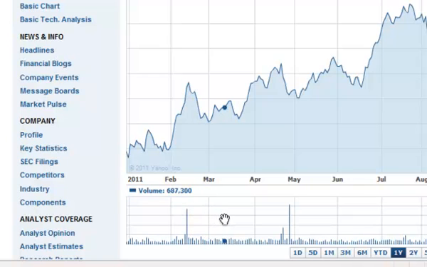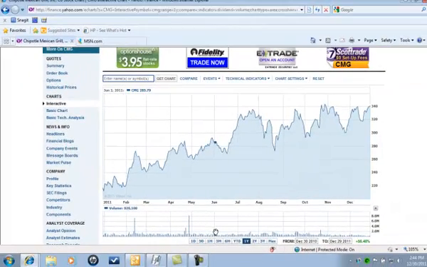Now we go over here and you can see volume's pretty consistent, and then boom, this time the volume goes up, but the volume is going up in a down market, which means there was a huge sell-off at that point, and that was back in May. And then you can see that volume here is pretty consistent all the way up until the current day.